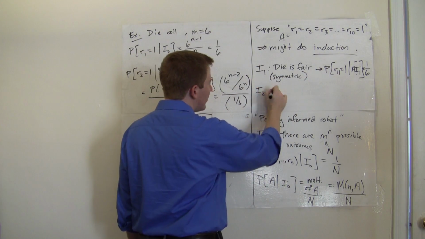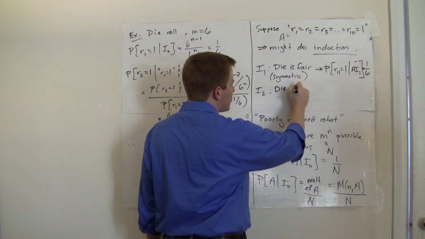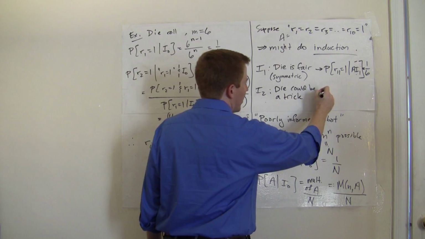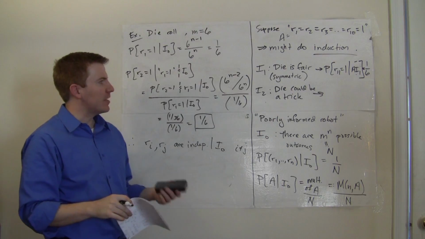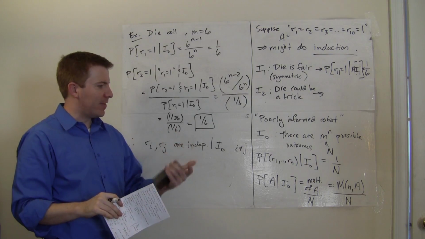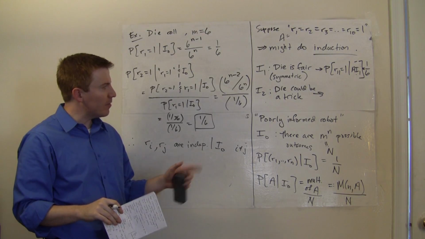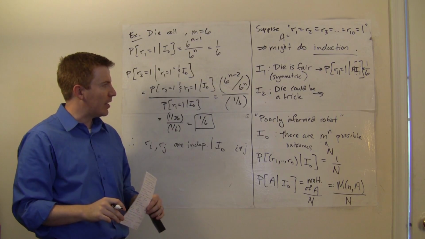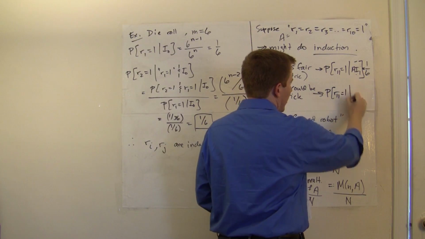Okay, if we had, let's say, a state of background information that the die could be a trick, like what we saw in the example of the magic trick, so if we're aware of the existence of things like loaded dice, or dice that have the same number printed on all six sides, if we think there's any chance that that might be going on, or that the person rolling the dice isn't doing it right, then we might start to infer other things.